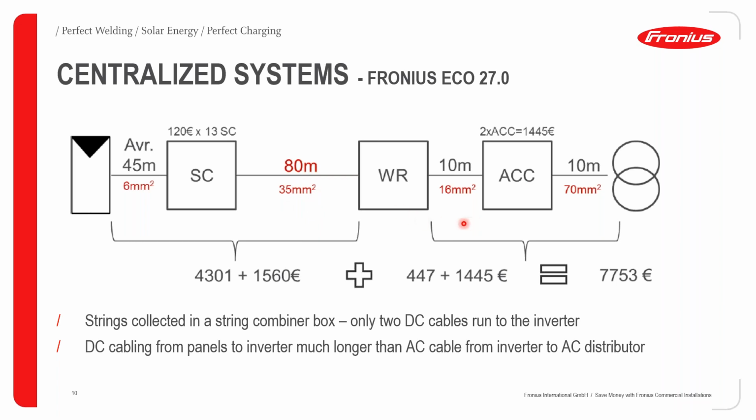On the AC side, from the inverter into the AC combination box, where each inverter is taking its AC output, you're coming out with 16mm cabling, but when you're going to the feed-in point or the consumption point, the cable size also increases significantly to 70mm square.